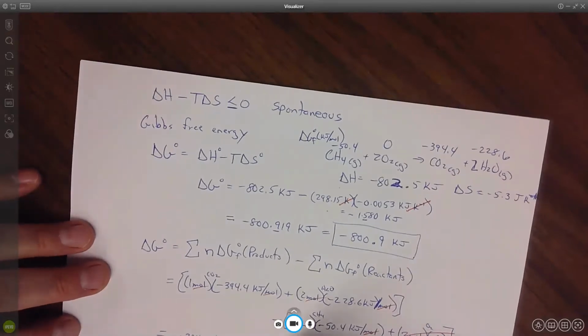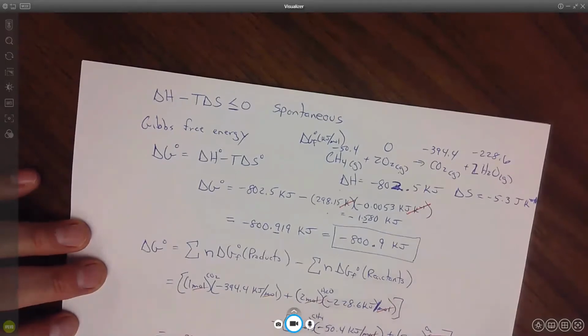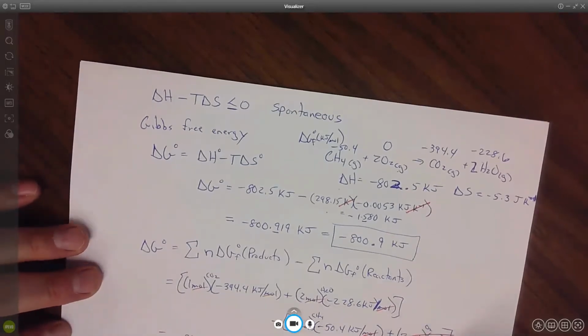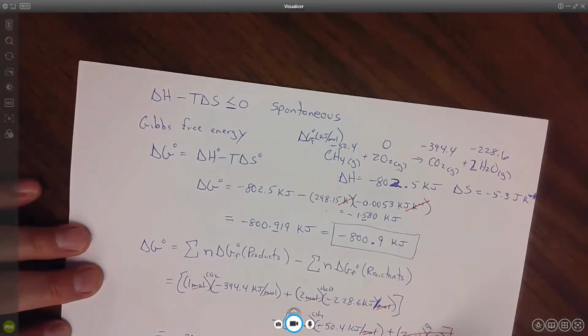And then we're going to subtract from that our negative 50.4 kilojoules. And then this guy here was 4 sig figs, so that'll put it there. So plug that into your calculator and you're going to get a value of negative 801.1 kilojoules. And that'll be to the 1 decimal place, so negative 801.1 kilojoules.